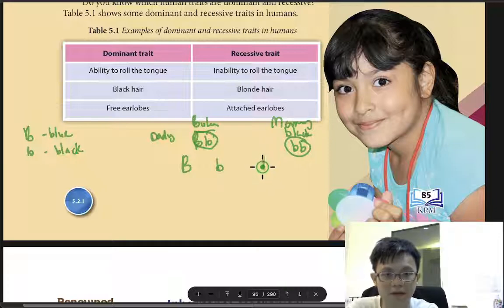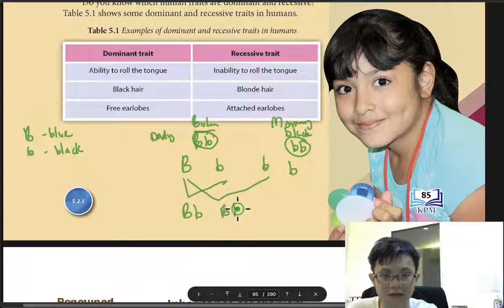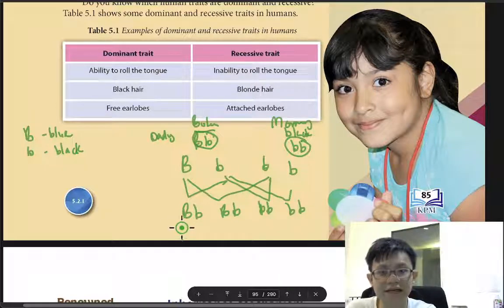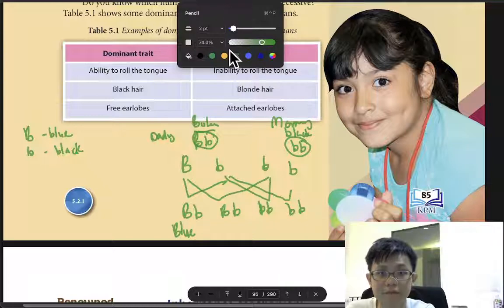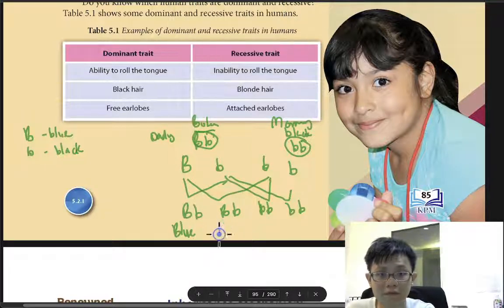This one times this one gives Bb, this one times this one gives Bb, this one times this one gives Bb. So this is blue eye, and this one will be black eye.